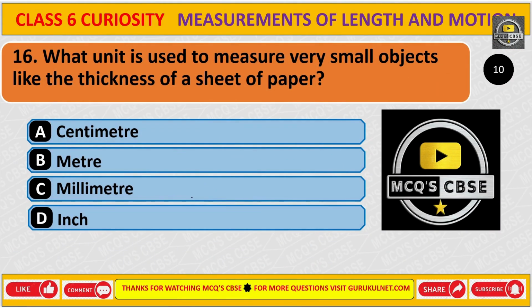What unit is used to measure very small objects like the thickness of a sheet of paper? Answer is C, millimeter.